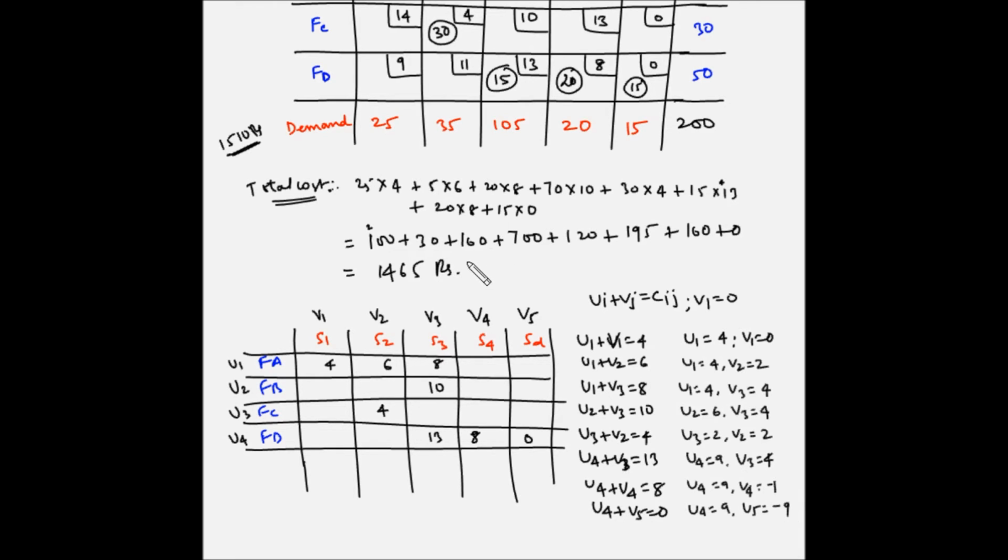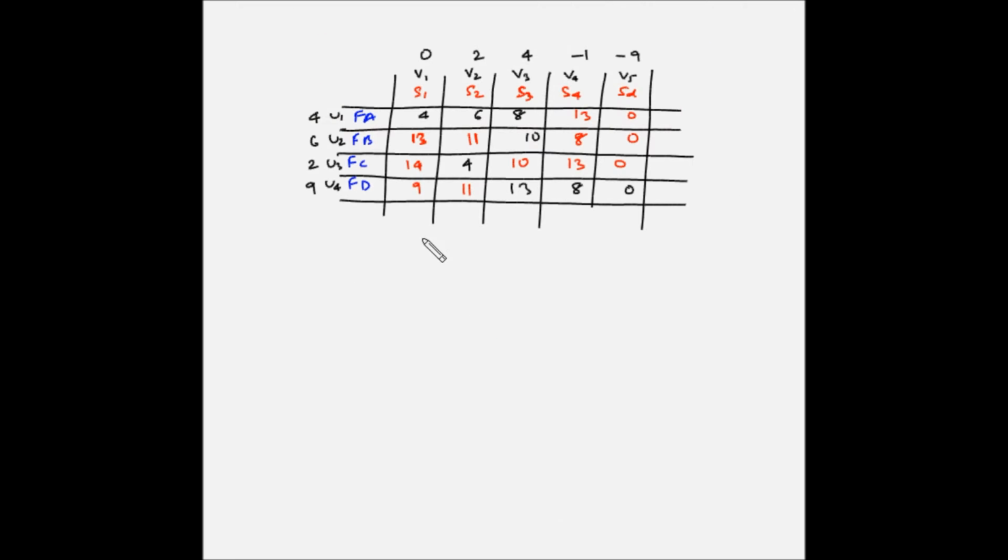Now the next step is to calculate the net cost change for each water square. For this step, I have noted the unit cost for all the squares. The ones in black are for the squares which have allocations, while the ones in red are the ones which do not have allocations, or the water squares. Now the net cost change is equal to Cij minus (Ui plus Vj).